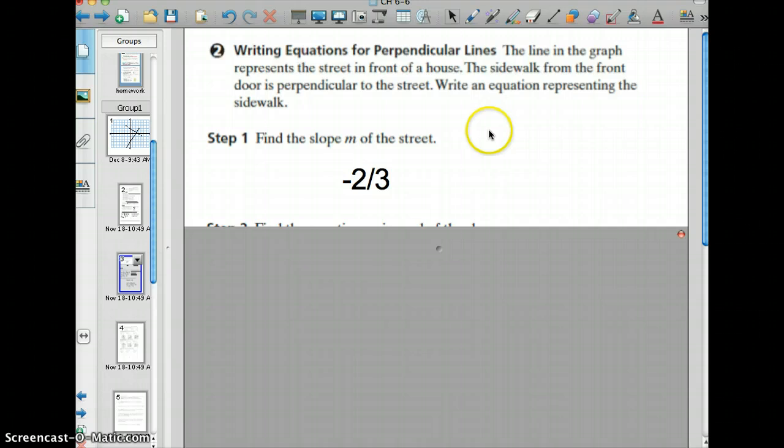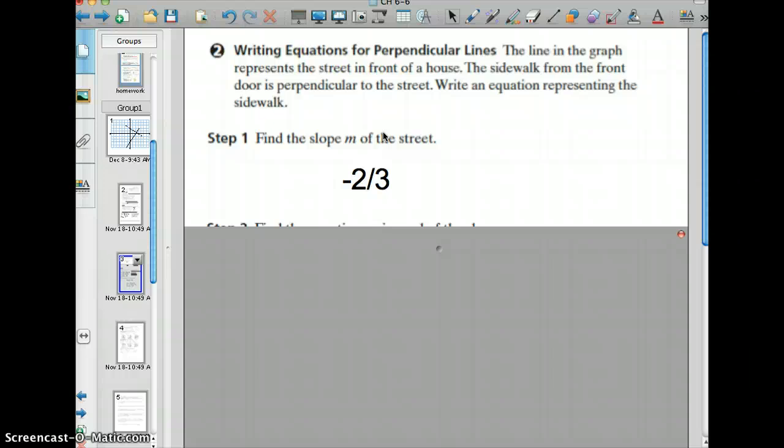Okay, wonder what happened to that. So anyway, we find the slope of street M. And street M has a slope of -2/3. So now we know that if we have a slope of -2/3, oh, that picture is in your notebook, so make sure you check that out.